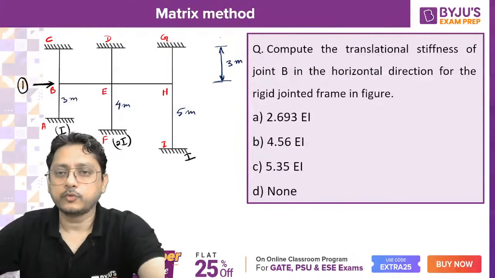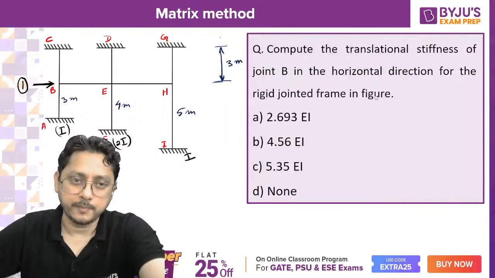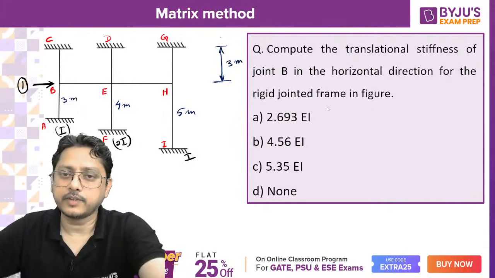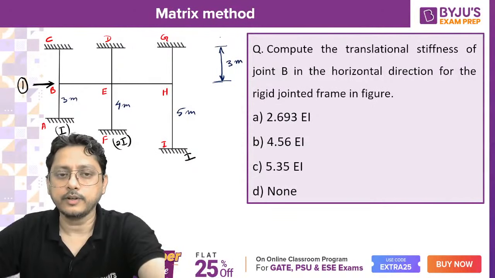Now, what about this one? Compute the translation stiffness of joint B in the horizontal direction of the rigid jointed frame in the figure. What will that be? Can you calculate this one?